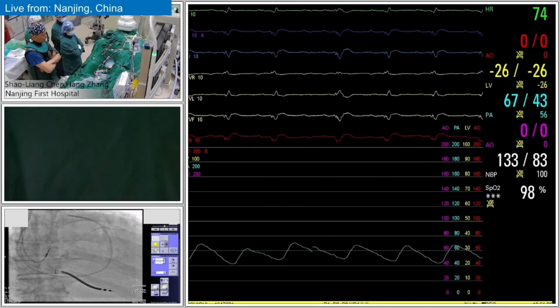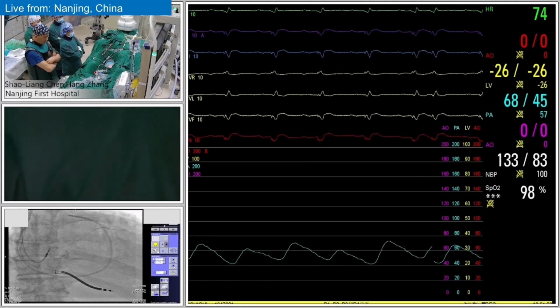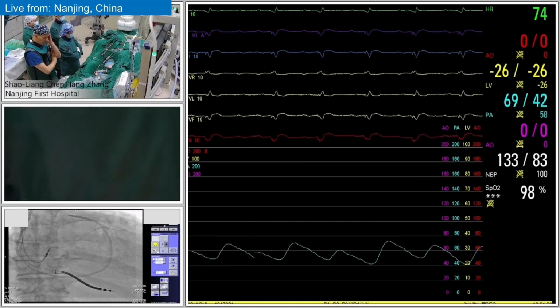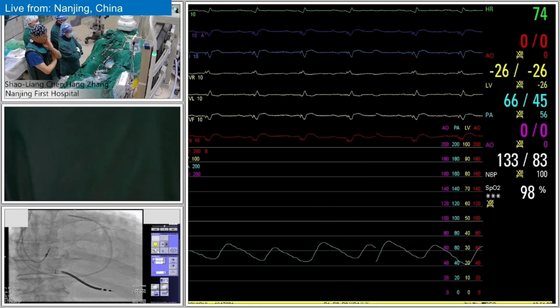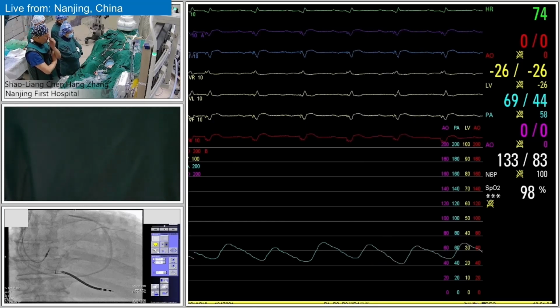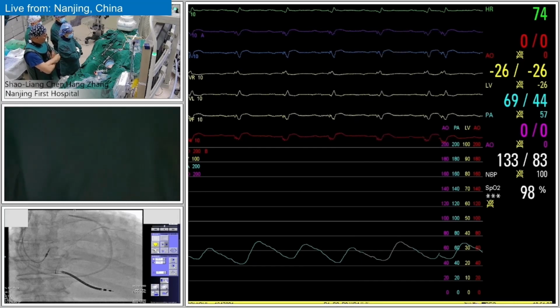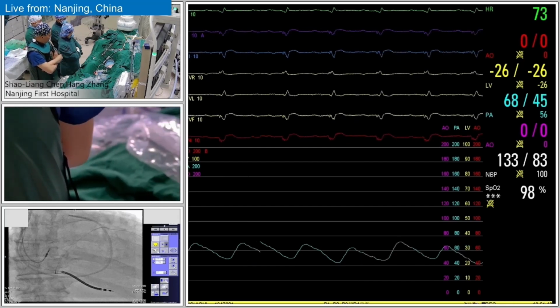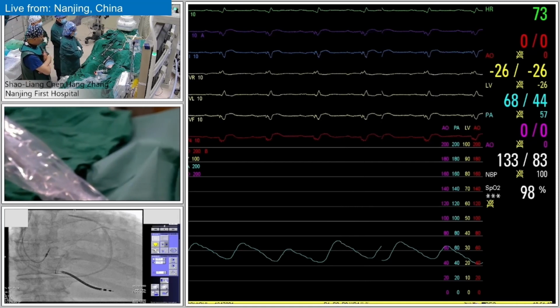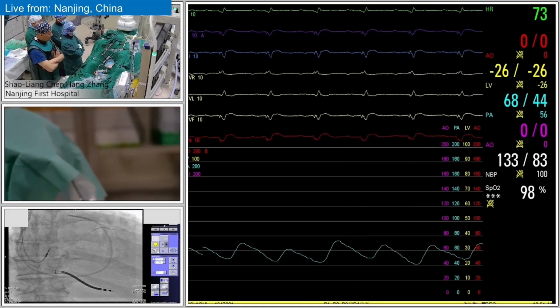I think after the procedure, the reduction of PA pressure is much more important than the change of CO, because the patient had very high PVR before the procedure. I don't think we can get much more reduction of PVR immediately after the procedure.